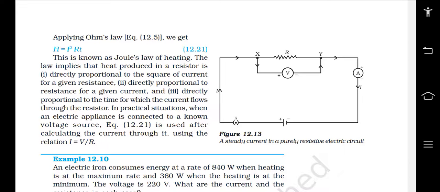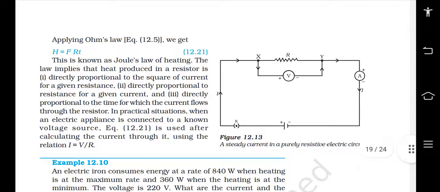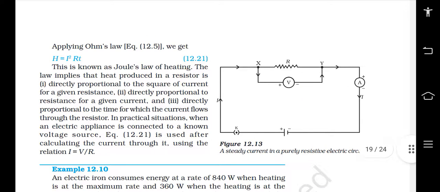That heat is directly proportional to the square of the current, directly proportional to the resistance, and directly proportional to the time for which the current flows through the resistor. Once again, I tell you, heat is produced in a conductor when current passes. Then how much heat will be produced?